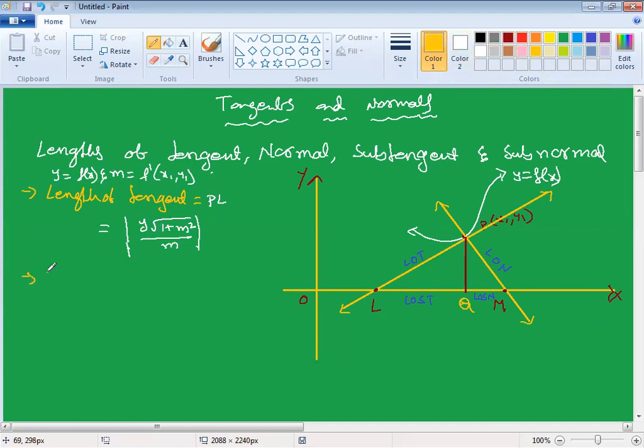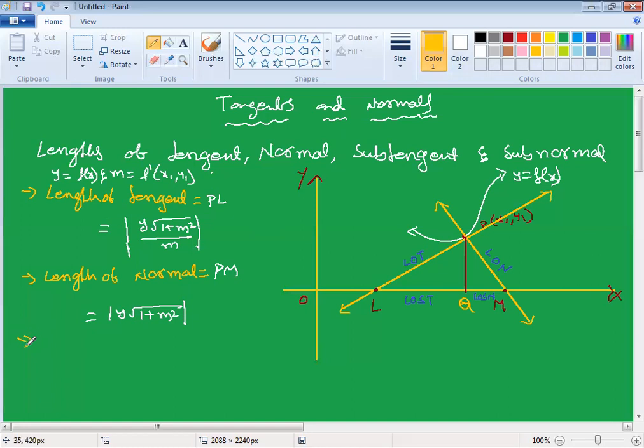Now what about the length of normal? I told you already, the length of normal is PM, which in formula form is mod of y root over 1 plus m square. The y and m are already given. This is the length of normal.